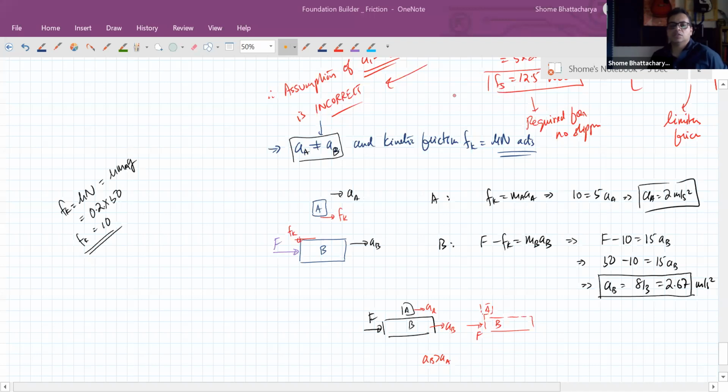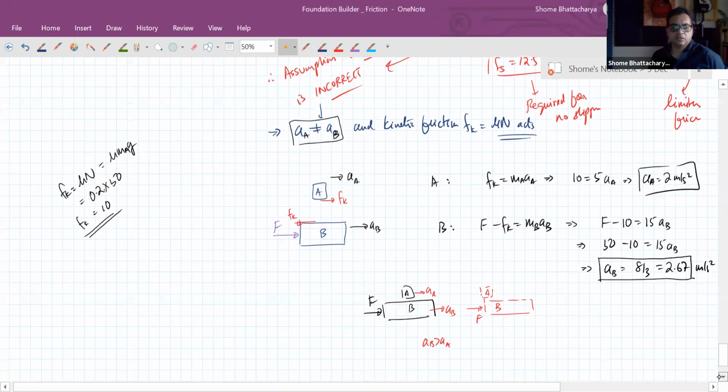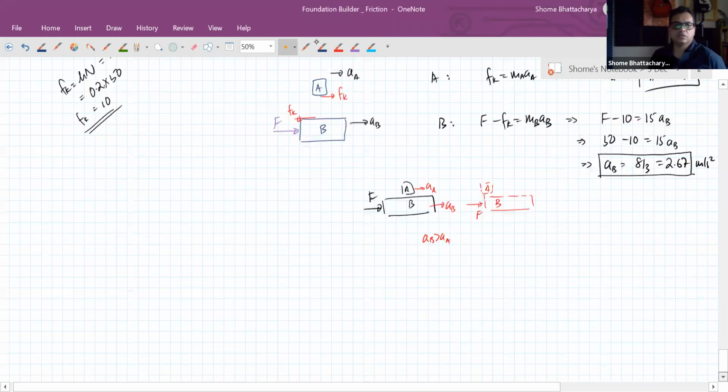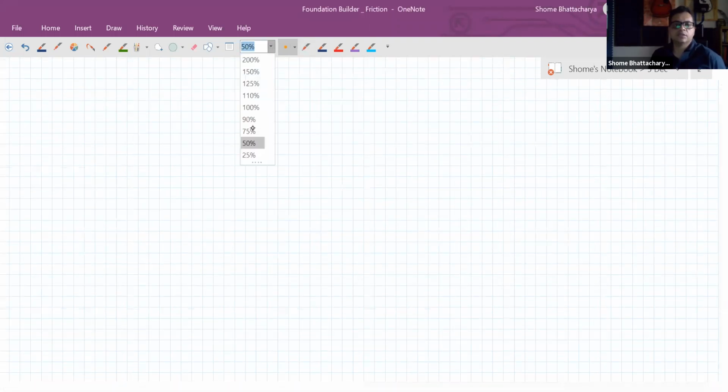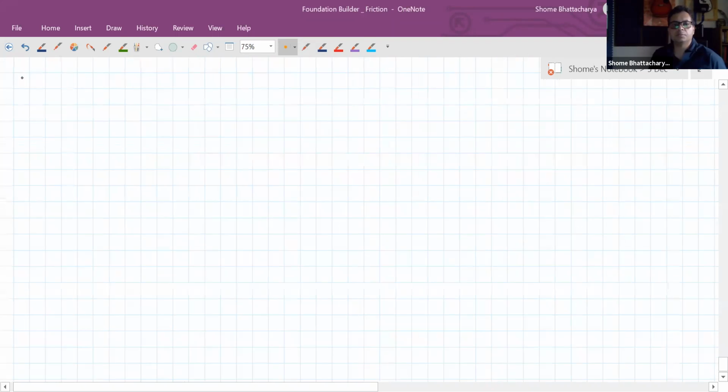Okay. So in the case of 50 newtons force applied, they will have these different accelerations. Now let's see this similar kind of thing, but with the difference that now we apply the force on the upper block.